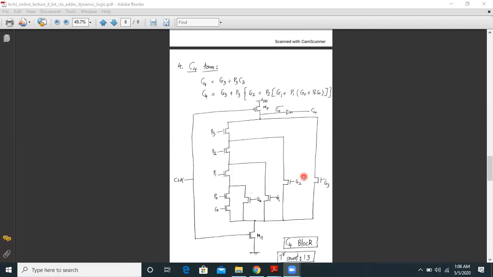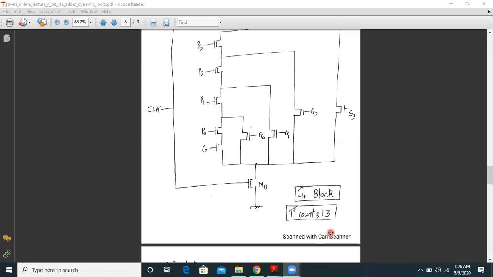For the pull down network, we required 9 transistors, 2 transistors for Mn and Mp, and 2 additional transistors for CMOS inverter. So the total transistor count is 9 plus 2 plus 2, that is 13. This is the dynamic CMOS implementation of C4 block.